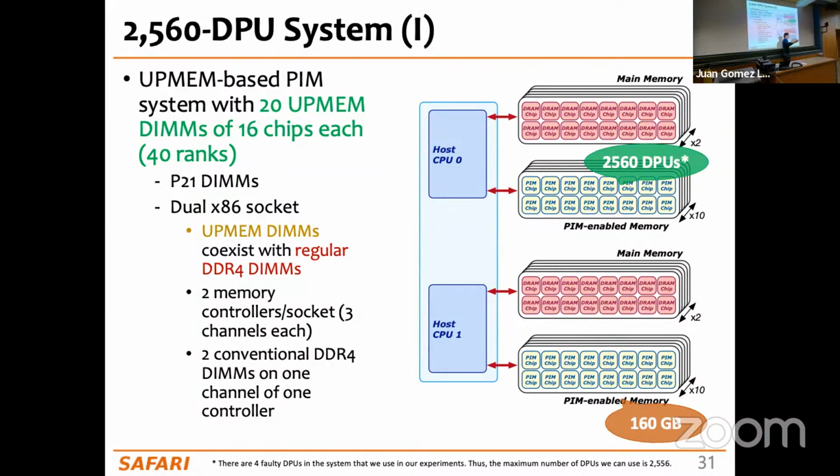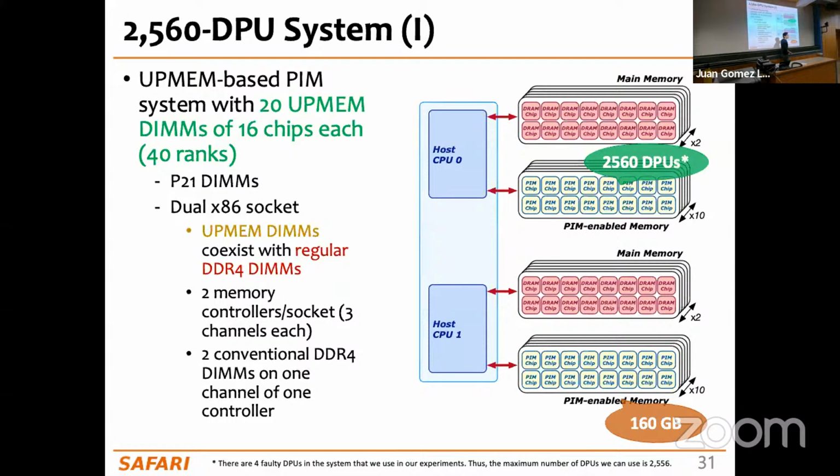Because it makes sense to have at least 32 gigabytes, 64 gigabytes. That's normal in any desktop, and servers may have more, but that's something reasonable. Let's say 64 gigabytes. So I still need to have a few DIMMs of main memory.